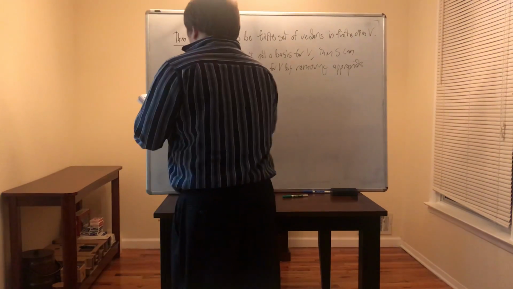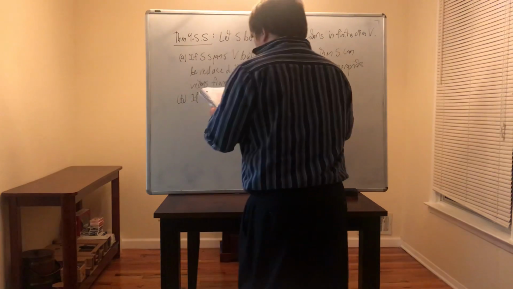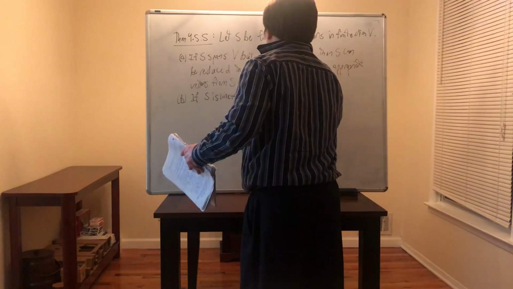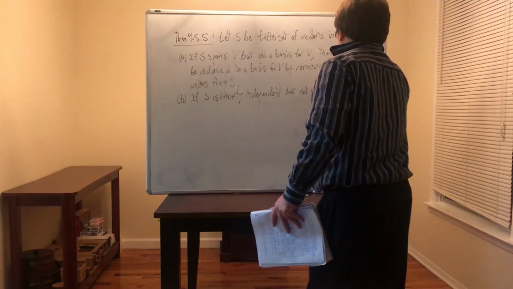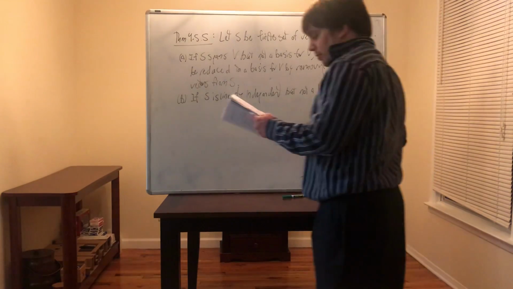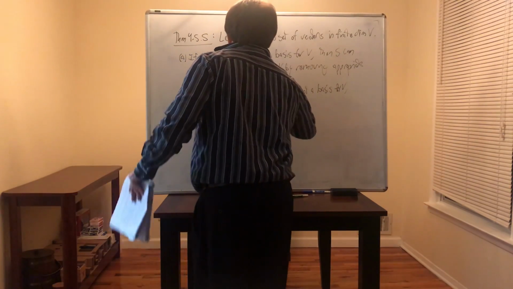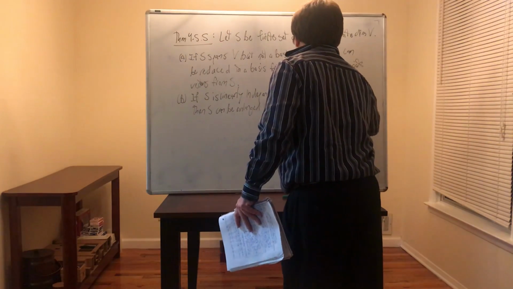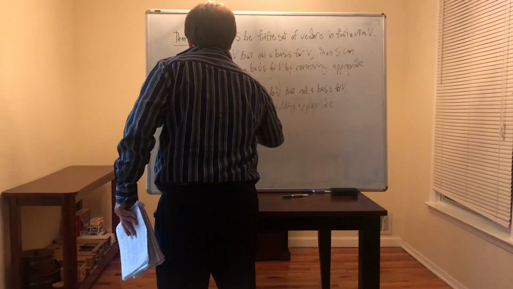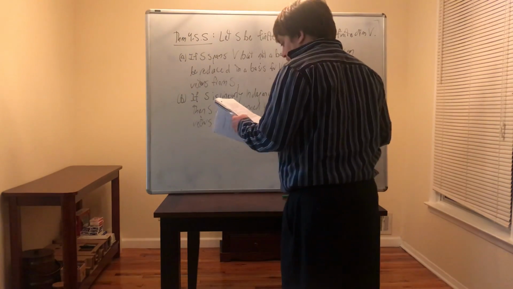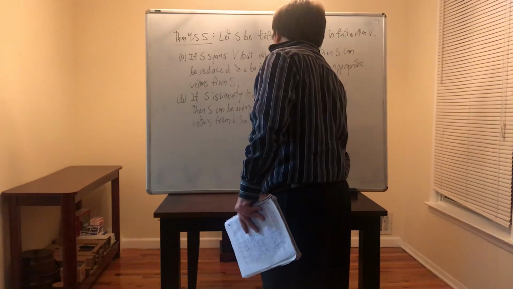Okay, part B. The same assumptions, but if capital S is linearly independent as a set, but not a basis for V, then S can be enlarged by adding the appropriate vectors from capital V to it to make it into a basis.